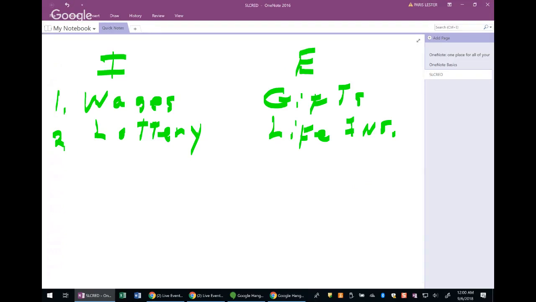Okay, Clayton. On either side, give me something. Tell me whether it's an I or an E. Inclusion, exclusion. Either side of that black line.